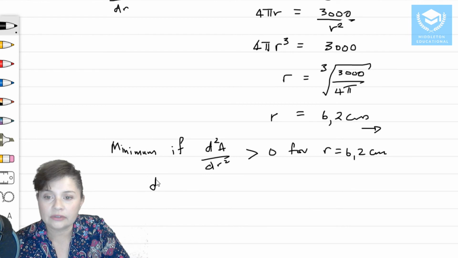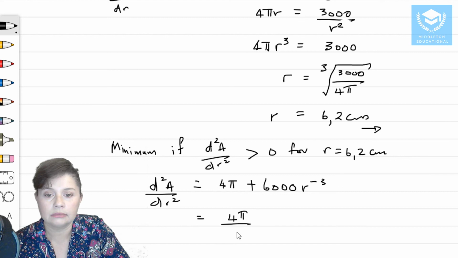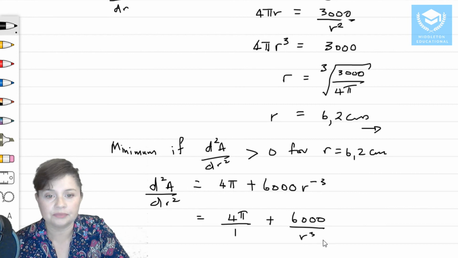So our second derivative is going to be 4 pi plus 6,000 r to the minus 3, right? And that's going to be 4 pi plus 6,000 over r cubed.